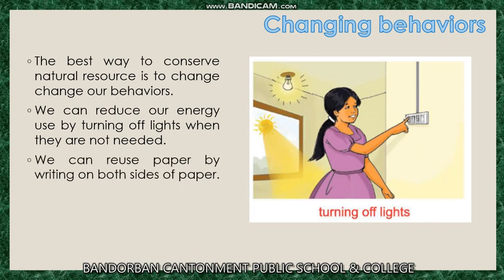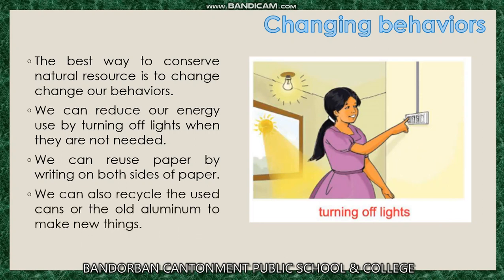We can reuse paper by writing on both sides of the paper. When writing in your book or notebook, of course use both sides for writing. We can also recycle used cans or old aluminum to make new things.